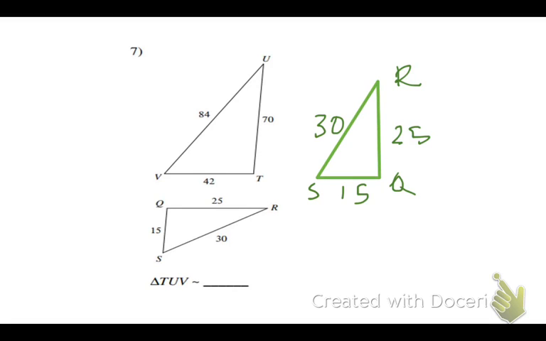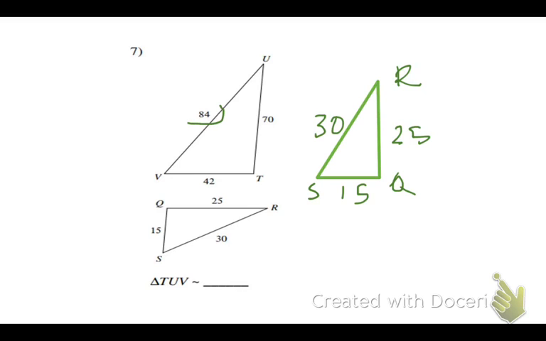All right, so I've redrawn triangle SQR off to the side, and now it's oriented like triangle VTU. I think it's easier to see the sides that correspond when you have them facing the same way.